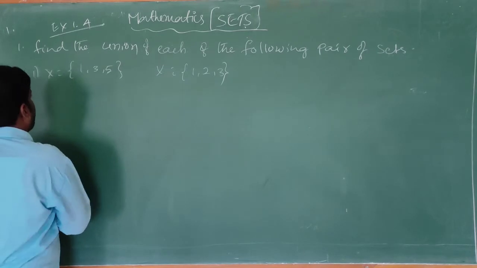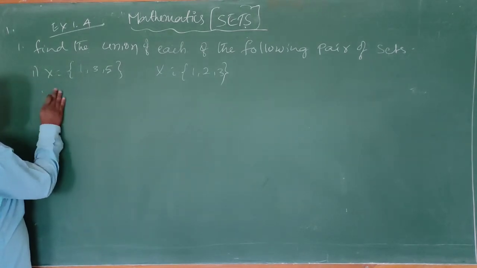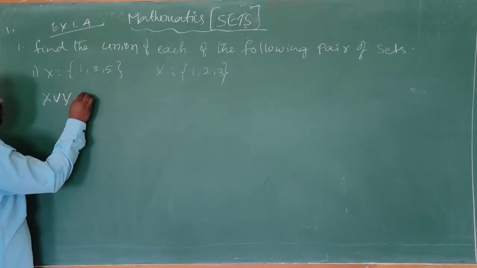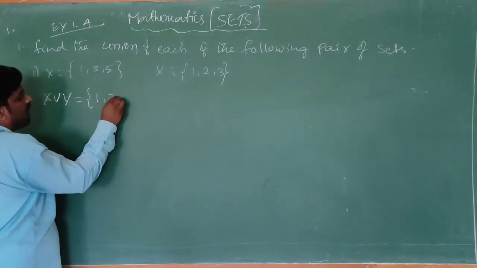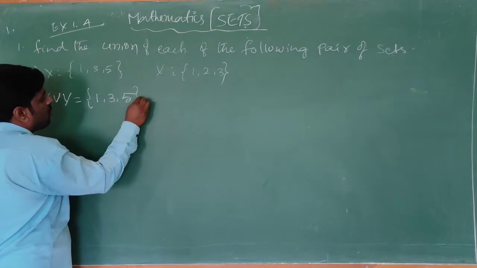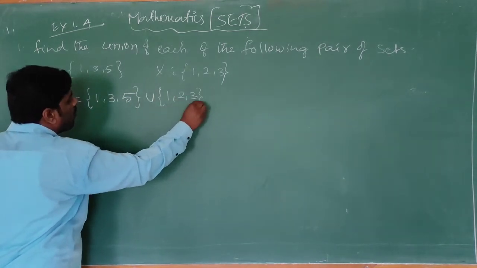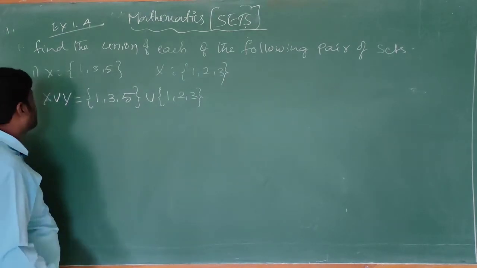So I want to find X union Y, which is {1, 3, 5} union {1, 2, 3}.